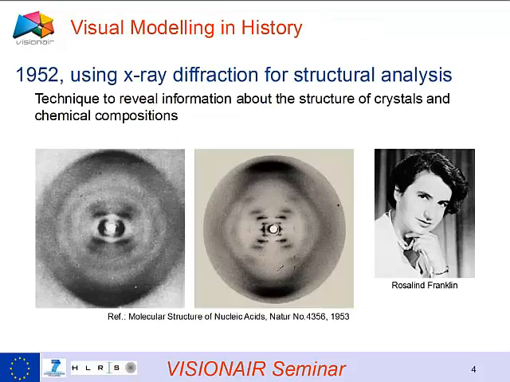So, once upon a time in 1952, there was this lady, Rosalind Franklin, who was at her time a specialist in the field of X-ray diffraction for structural analysis. She was working on improving the X-ray diffraction methods for the structural analysis of DNA molecules, and within her work she created those pictures.